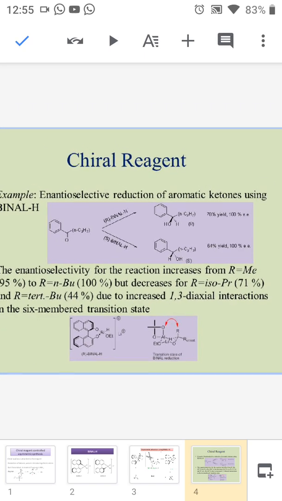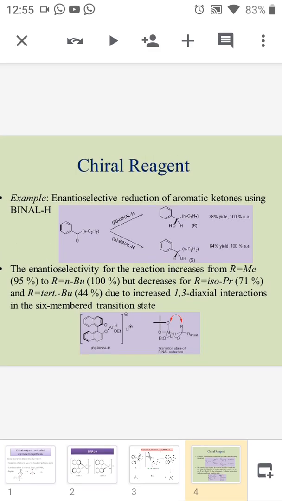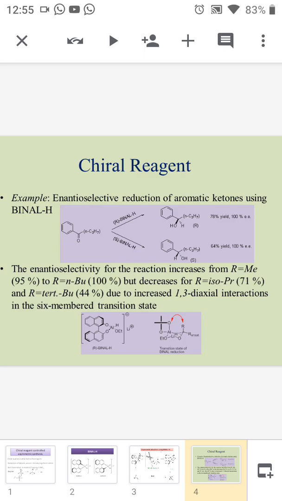But we can tune the reactivity of the BINOL by changing the R group. Enantioselectivity for a reaction increases from R equal to Me. If R is equal to methyl, we will get 95% R configuration, and if R is a butyl group, then we will get 100% of the product. But the product amount decreases for R equal to isopropyl.